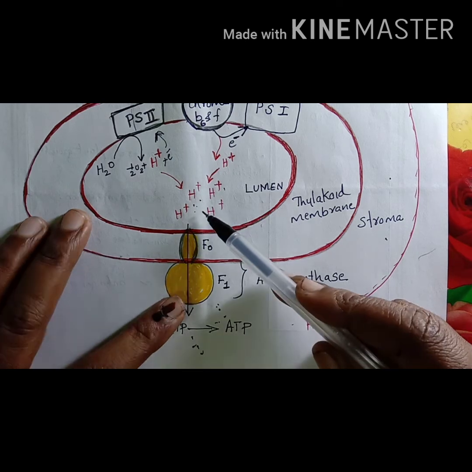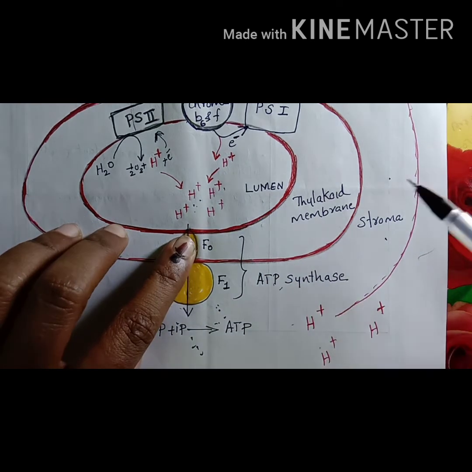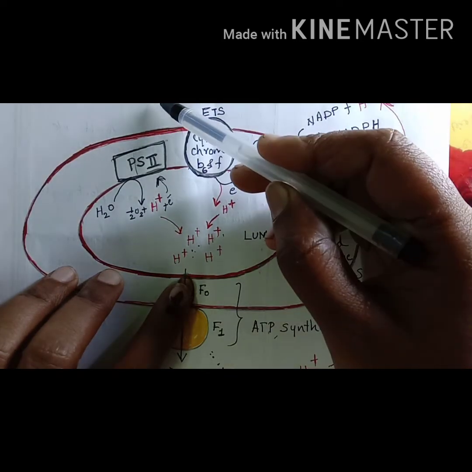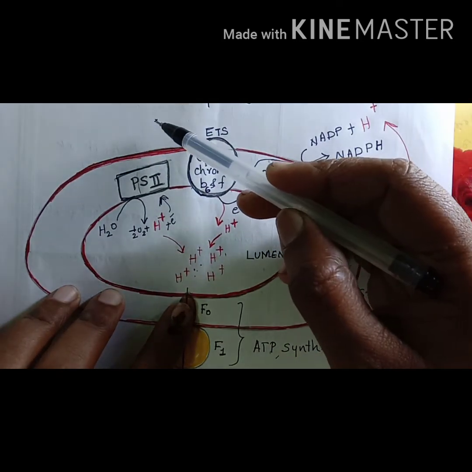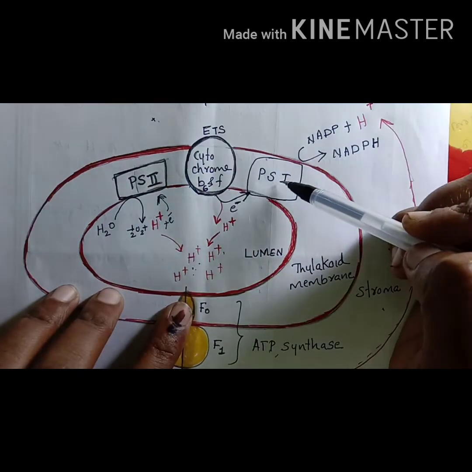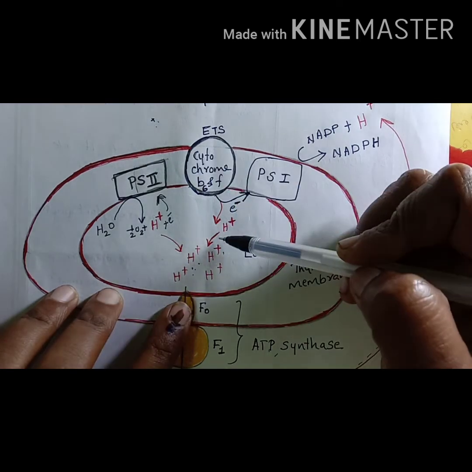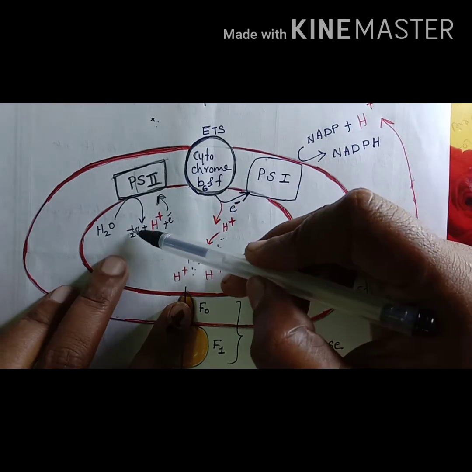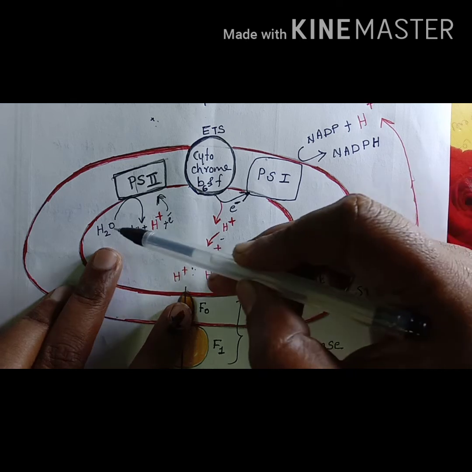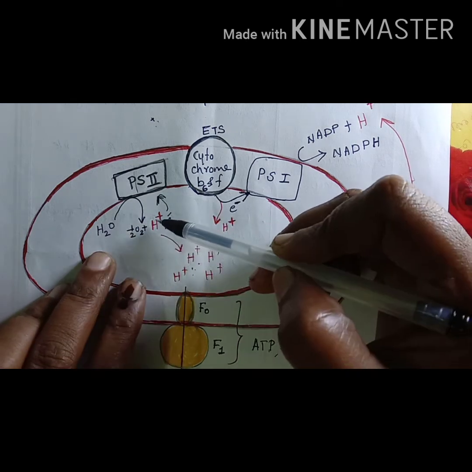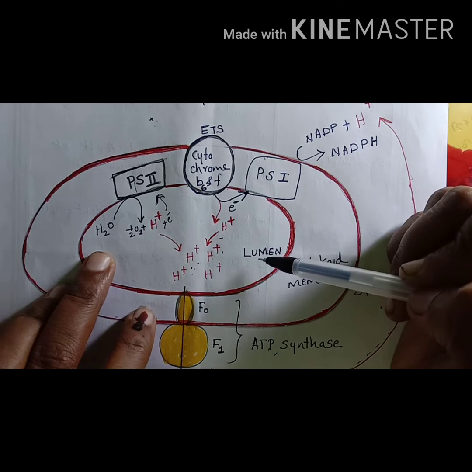And how does this proton gradient occur? The proton gradient occurs in three different ways. The first one is when the electron is coming back from the electron acceptor to PS1, it will bring proton from the stroma region to the lumen. Then the second chance for the accumulation of proton is that PS2 is associated with the splitting of water, which also releases proton inside the lumen.